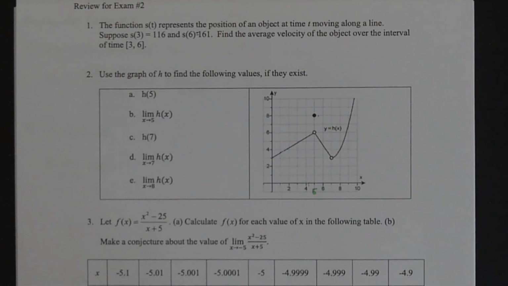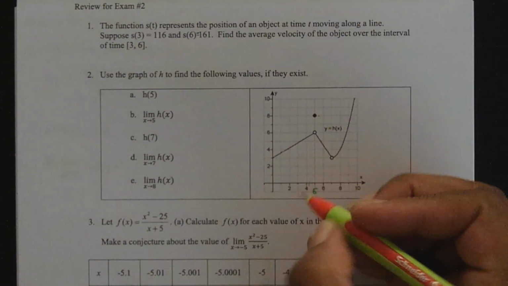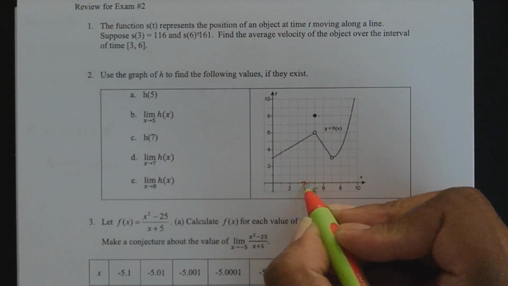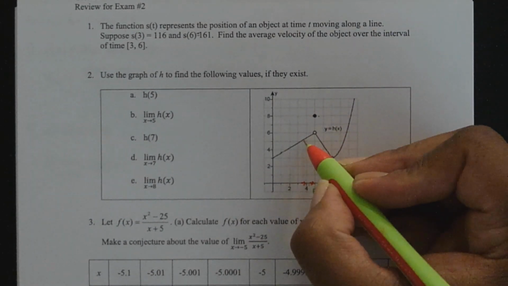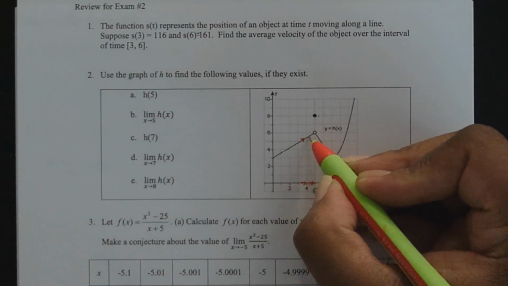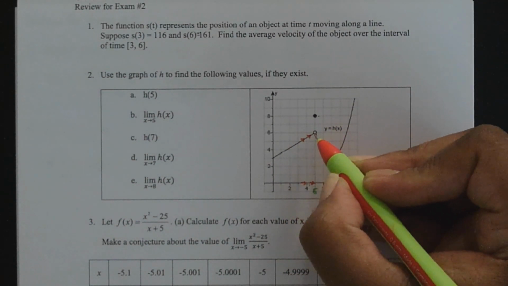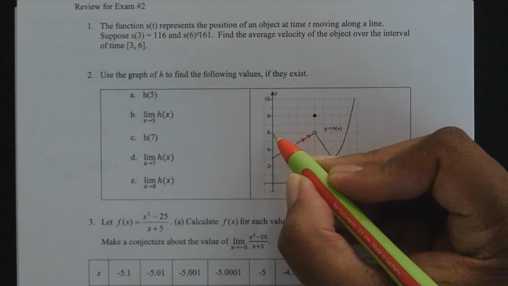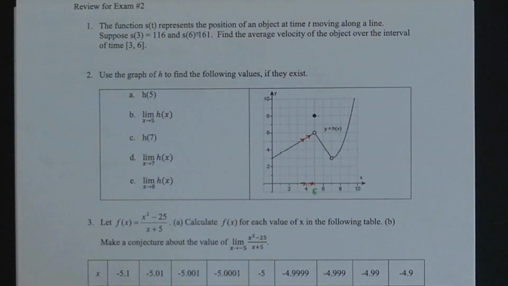All right, so if we approach 5 from the left, here's 5. If we're coming from the left of 5, that means that the value of h of x would get closer and closer to 6.